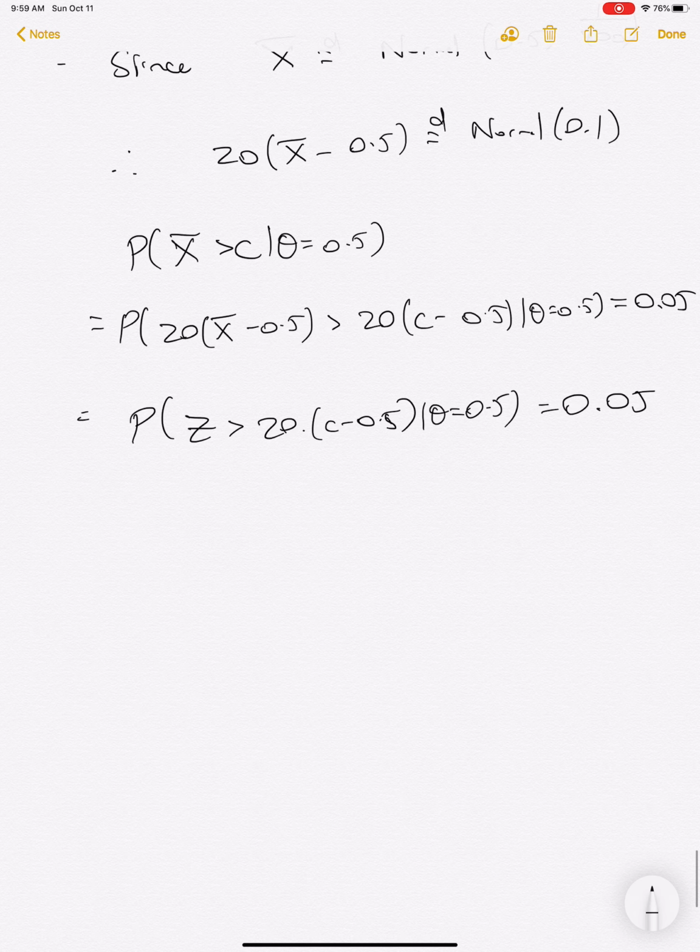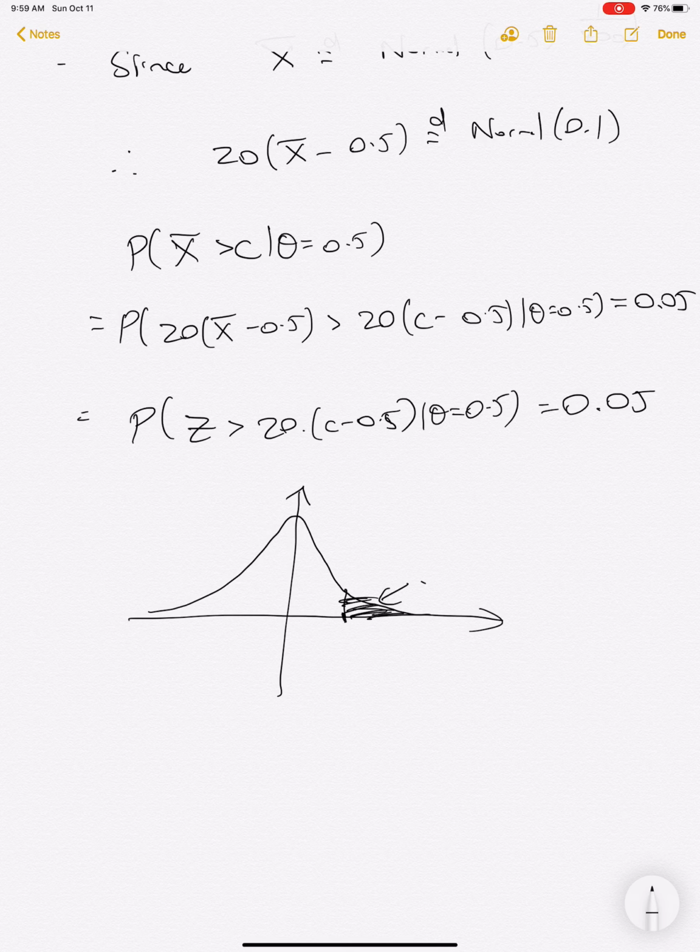Okay, and so this is where we use the normal table. The probability that we want to calculate here needs to be 0.05, this tail probability, and I believe if you look this up on a normal table, you should get about 1.64.